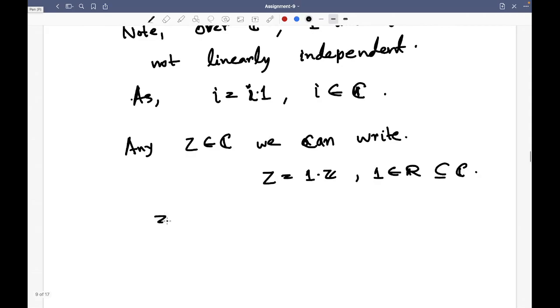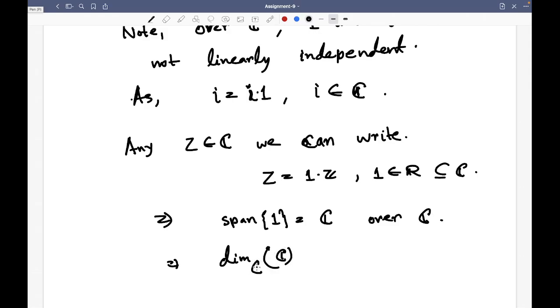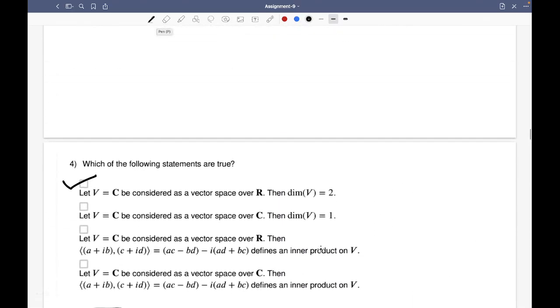Which implies the span of 1 is C over C, which implies the dimension of C over C is 1, right? So option number 2 is also correct. The dimension of C over C is 1.